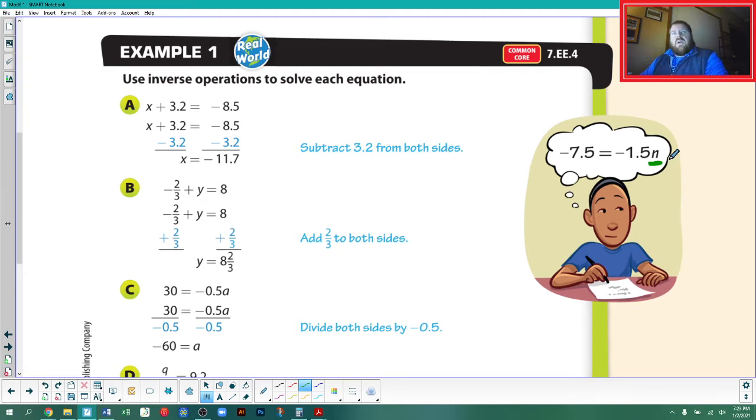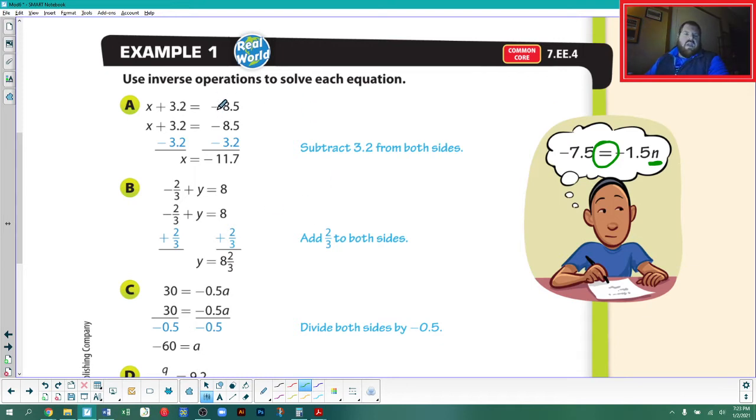Well, I would do its opposite, which is divide. So I'd want to divide by negative 1.5 on both sides. And again, both sides of the equal sign. That's the important thing. Granted, we're going to be working with one-step equations today, so it won't throw anybody off too much, I would hope, on where to divide this mysterious negative 1.5 in that problem.